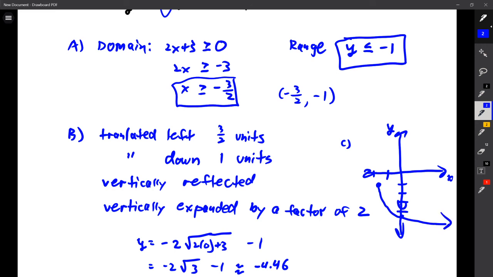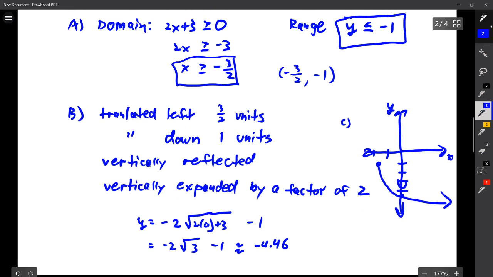Okay? You don't have to be super detailed like that. I mean, that's not even super detailed, but I found one more point. But it could have been even a little bit easier. If you can find an x value that will give you a nice square root, if we had gone with x is 3, that would give us -2 times the square root of 2 times 3 plus 3, minus 1.